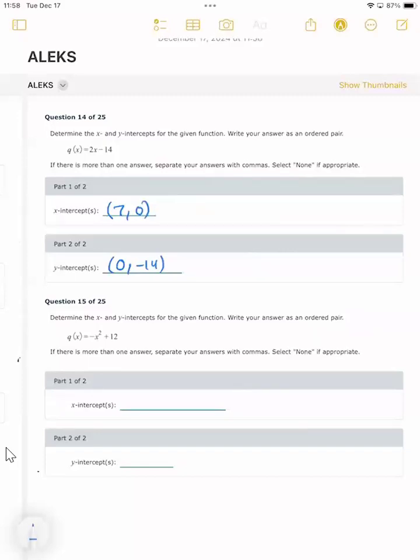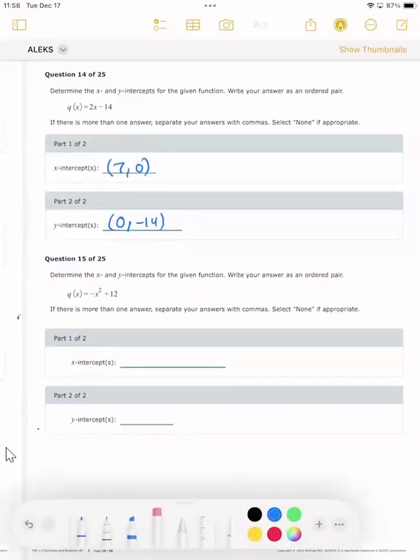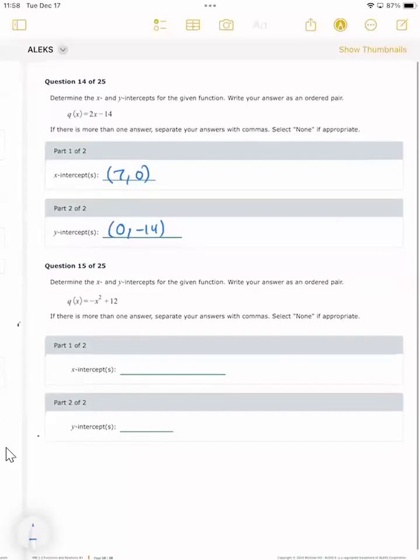We want to find the xy-intercept of the next equation. How do we find the xy-intercept of this equation? We are going to solve this equation. So we write minus x to the power 2 plus 12 is equal to y.